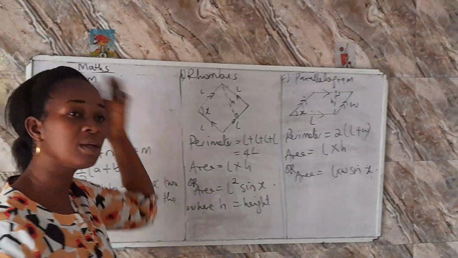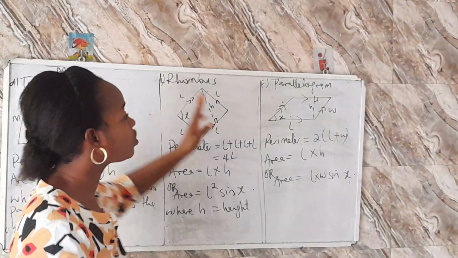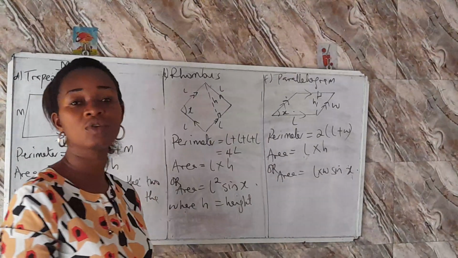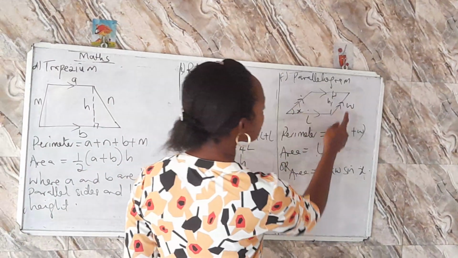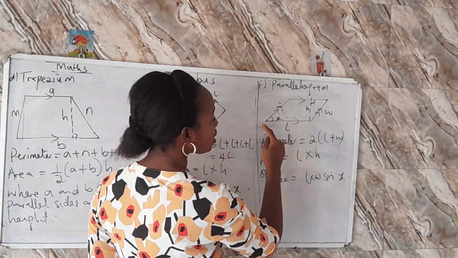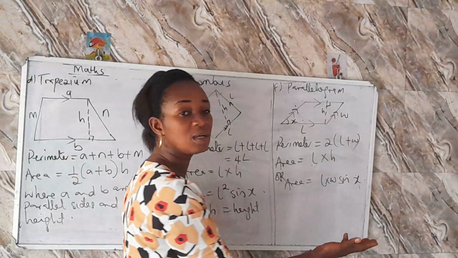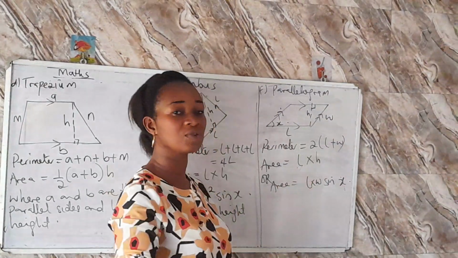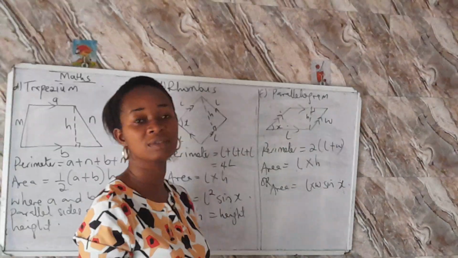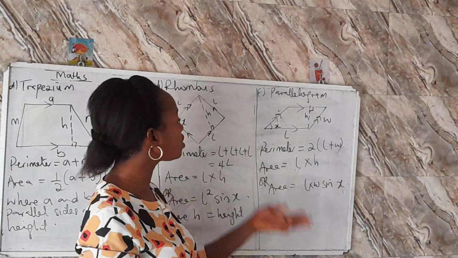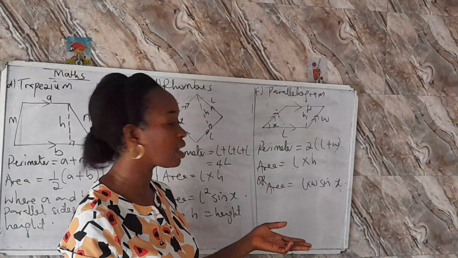Now we have the parallelogram. A parallelogram we know is a quadrilateral with opposite sides parallel. Since opposite sides are parallel, here is the length and here is the width. It has some of the features of a rectangle.